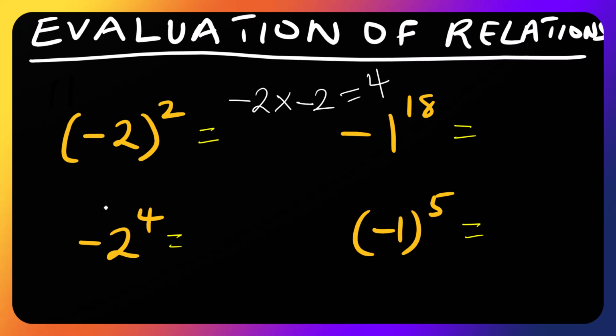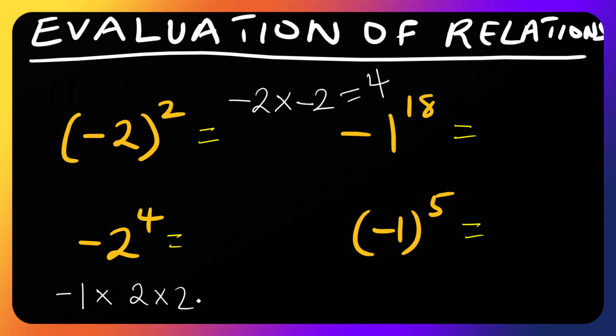All right, now here there is no bracket. The negative will still be there, so that will be minus 2 to the power of 4.